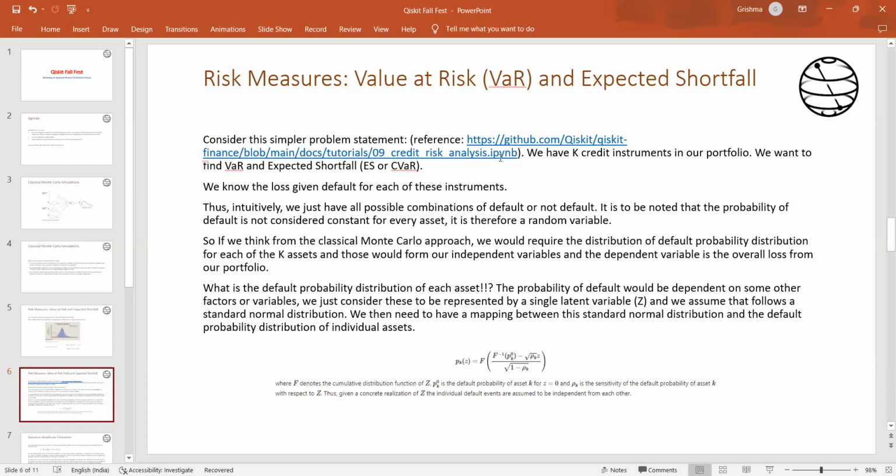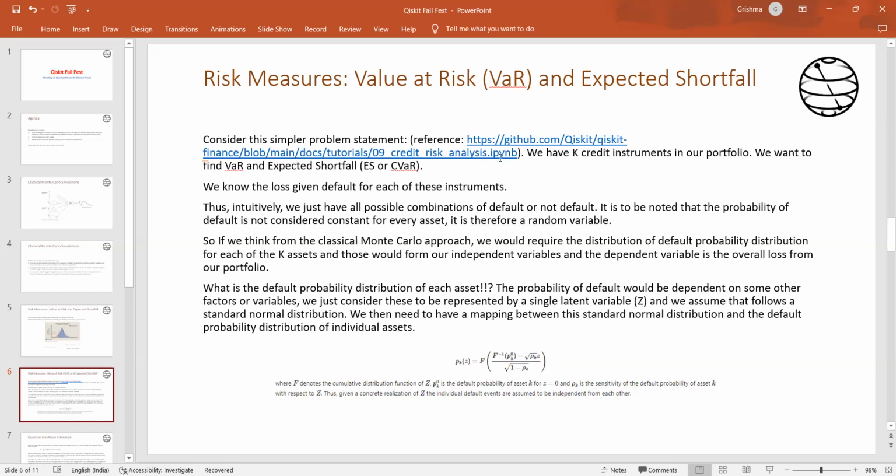When you invest in a credit instrument, it could also mean that you are giving a loan to someone, and that someone is supposed to return you cash with interest, but that person fails to do so. So that's a loss for you.